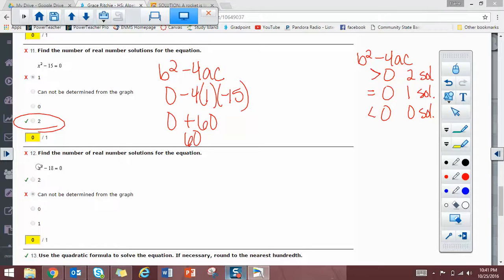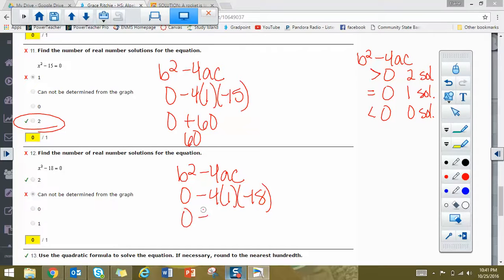The next one, similar situation, b squared minus 4ac, b is 0 because there's no x term, minus 4 times 1 times negative 18, so that's 0 plus 72, and that's also positive, so another 2 solutions.